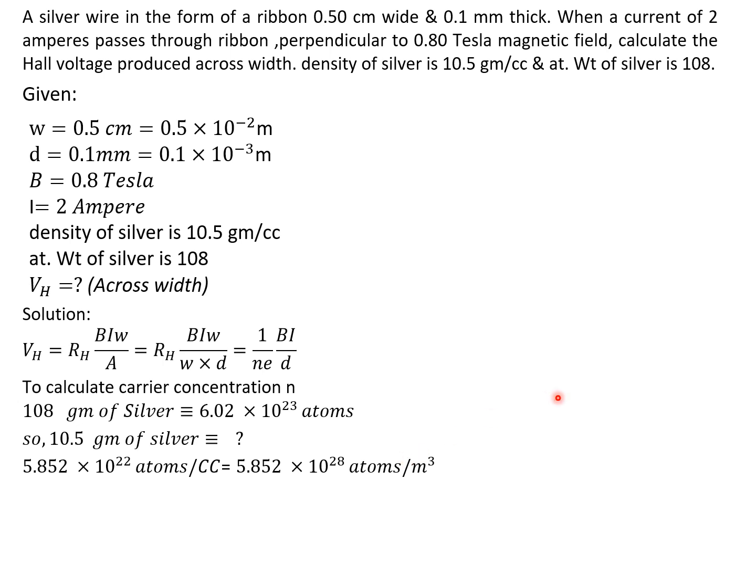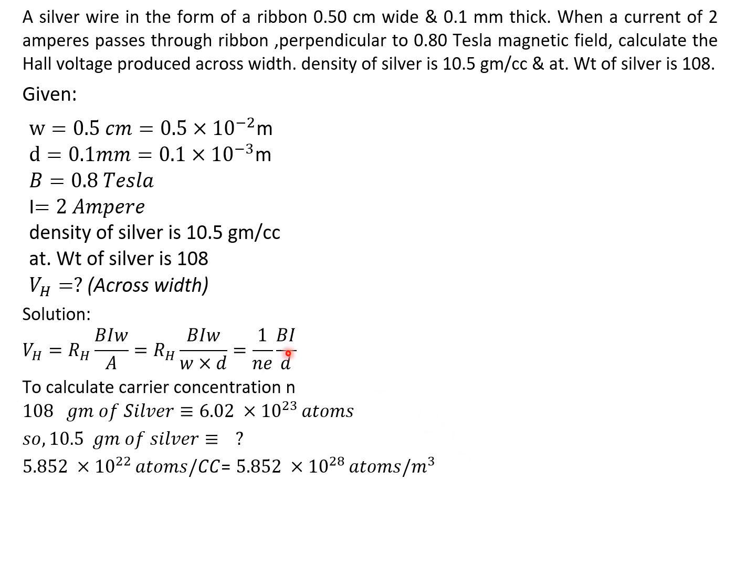But we need to use SI units, so we need to convert atoms per cc to atoms per meter cube. That is why we multiply it by 10 raised to 6. So the number of silver atoms per meter cube will be 5.852 into 10 raised to 28 atoms per meter cube.